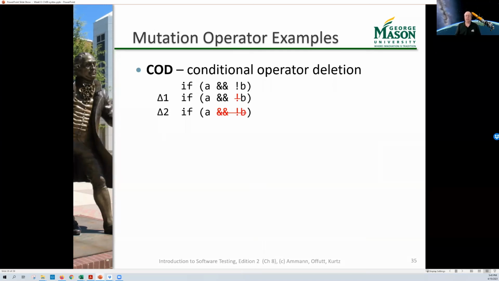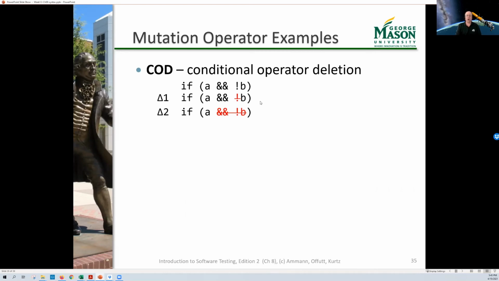Conditional operator deletion. Same thing. We can delete unary operators, unary conditional operators like not. We can delete binary operators like and, in which case we also have to delete one or the other or each of the operands, excuse me. So none of these examples are exhaustive, right?